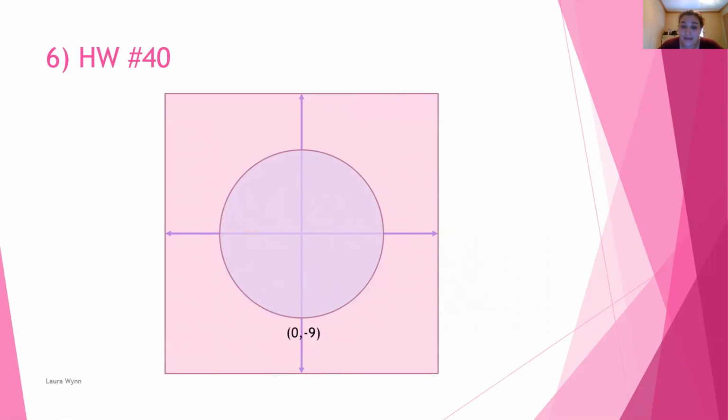Here's our point (0, -9), and we need to draw a line across it. To figure out the equation of this line, we use slope-intercept form, y equals mx plus b. There's no slope because the line is horizontal, but our y-intercept is negative 9. So we know that y equals negative 9.